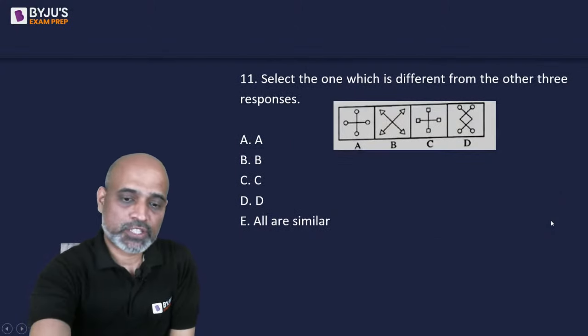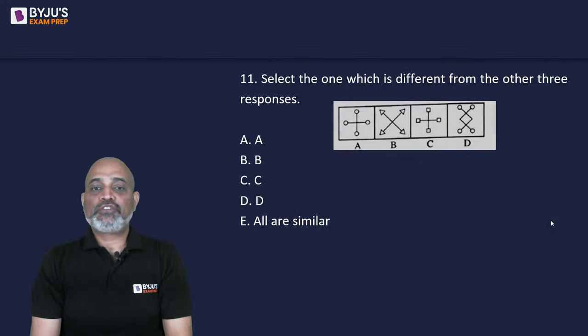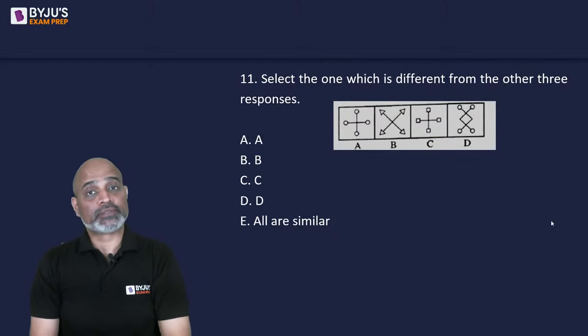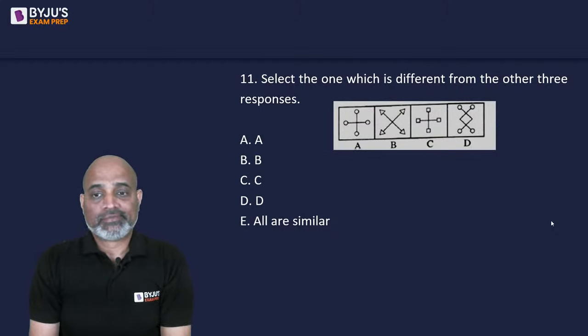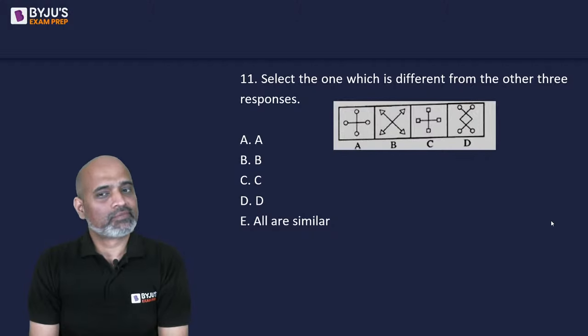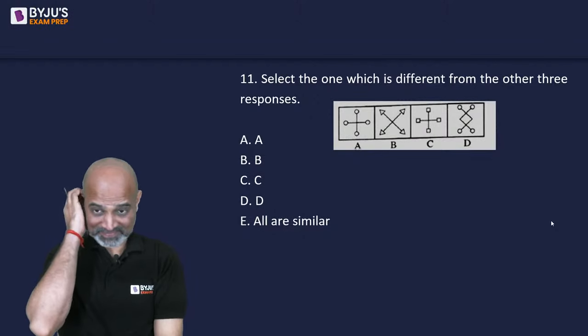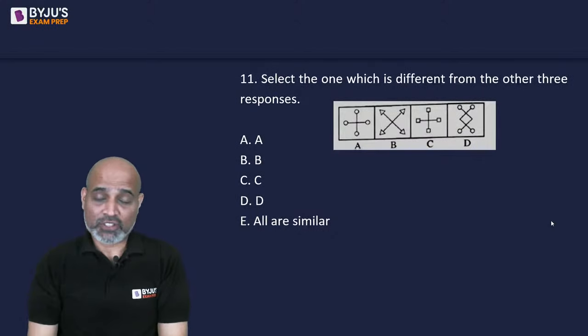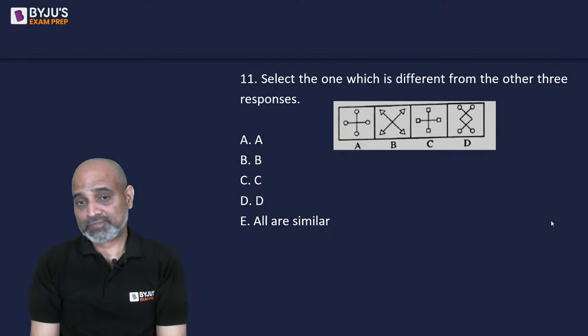ठीक है. Next वाला. Select the one which is different from the other three responses. So odd one out है. Oh, very difficult. So this question is going to have two answers, depending upon how you see it.